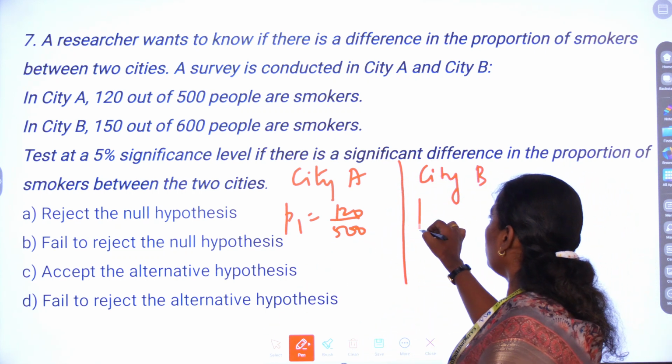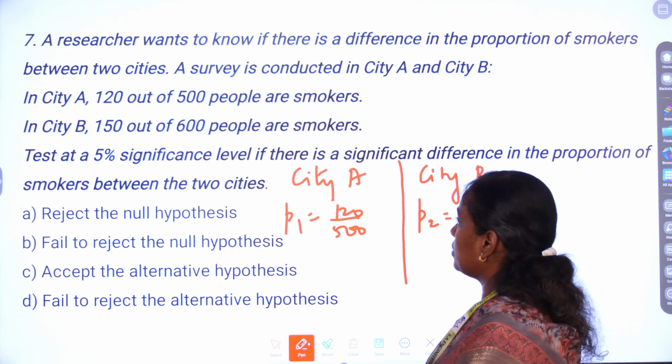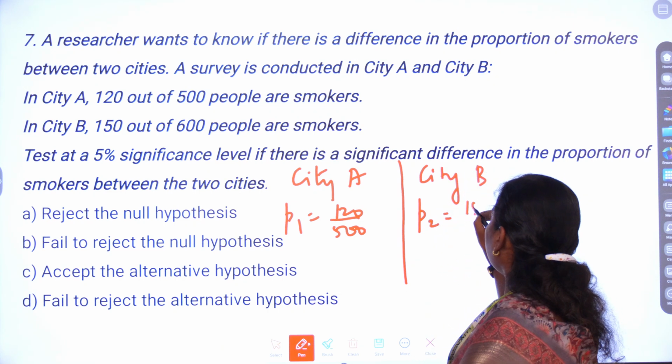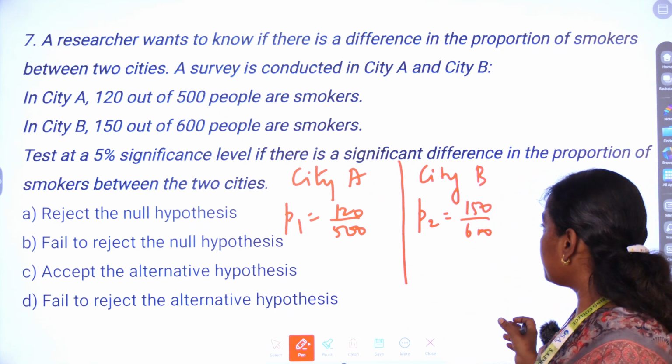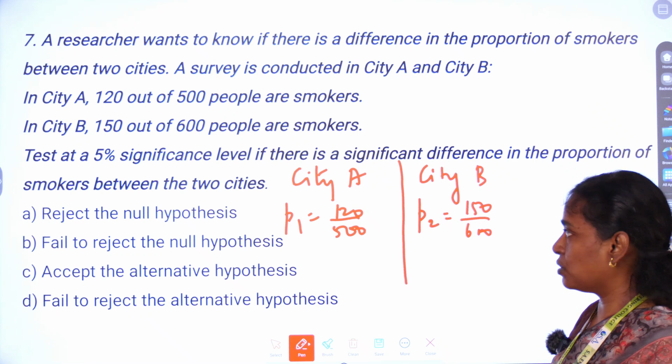In city B, your sample proportion is 150 divided by 600. What's the meaning of this? Out of 600, 150 are smokers.